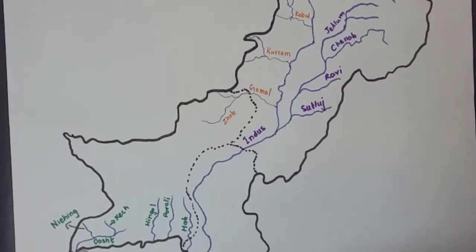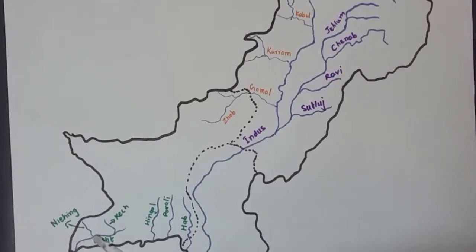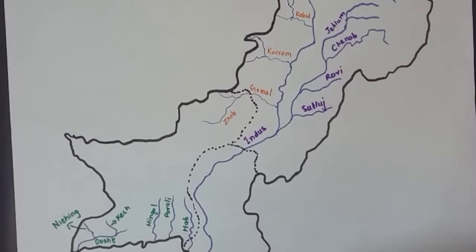Then move towards the west. You see this corner here. If a river is drawn here, which is on the corner of this province of Balochistan, on the tip of this province, then that river would be the River Dasht. And there are two other rivers joining the River Dasht.